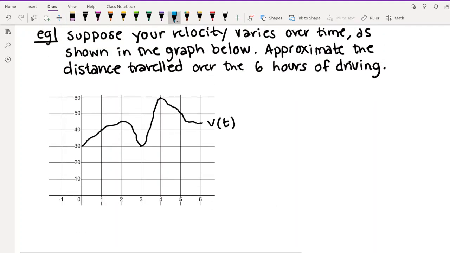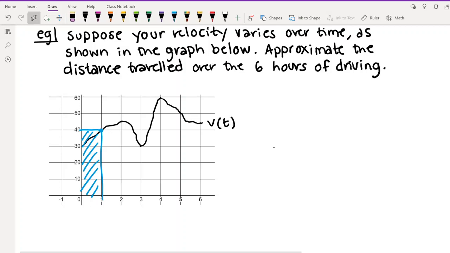Okay, so if we're using right endpoints, let's use 6 rectangles. That's I think the most natural choice here. For the rectangle from 0 to 1, we're going to go to the height that we get at 1 hour and use that as a rectangle.